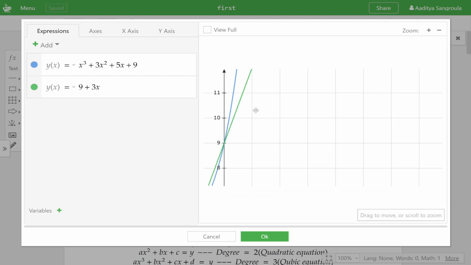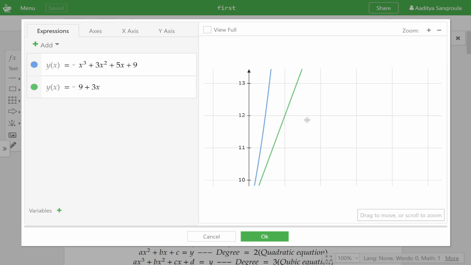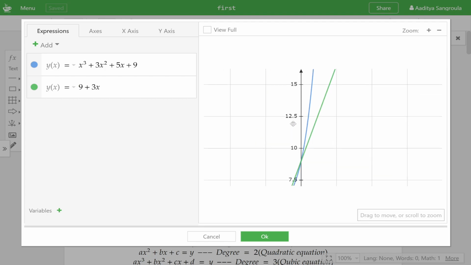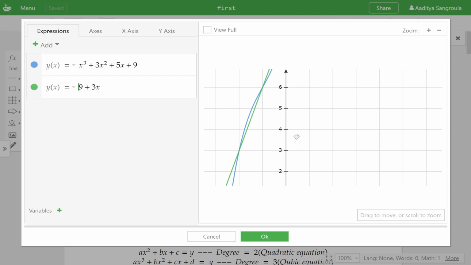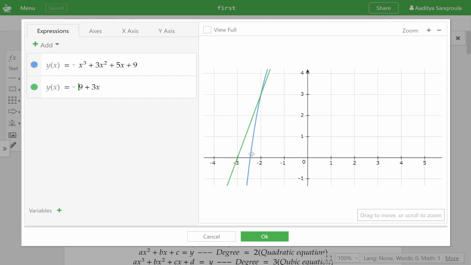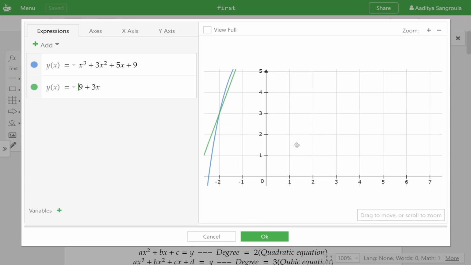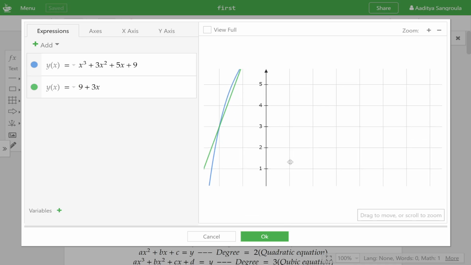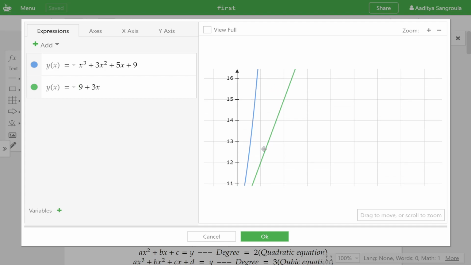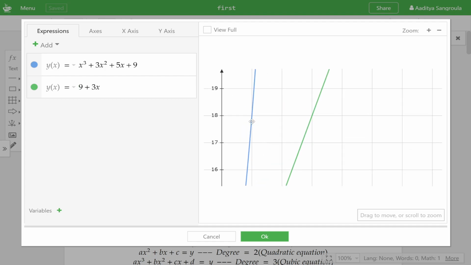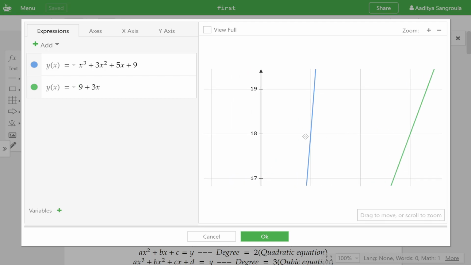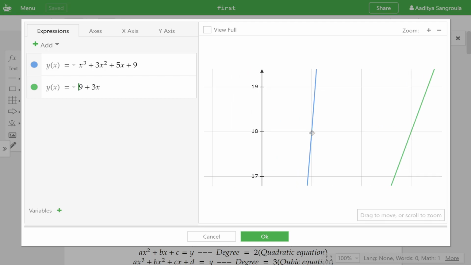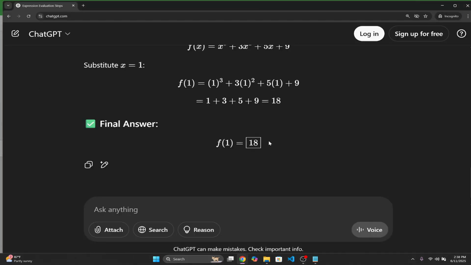And for 1 we get a 12. Oh, sorry, this is not for the blue line. I was looking at the green line. So if I have it 1, then that's going to be 18. If you see that, x is 1 and y is 18, and that's what we get.